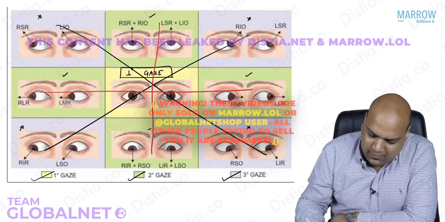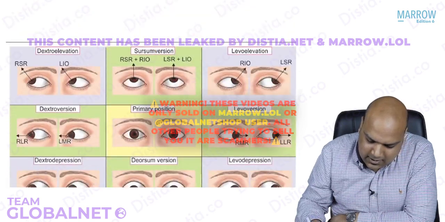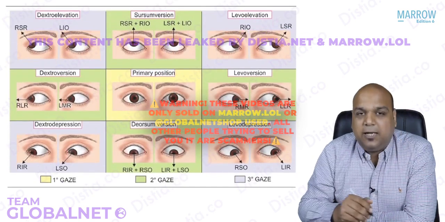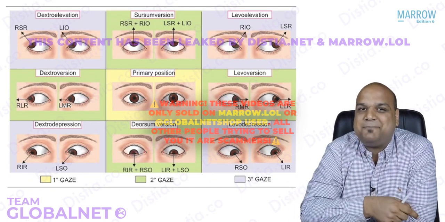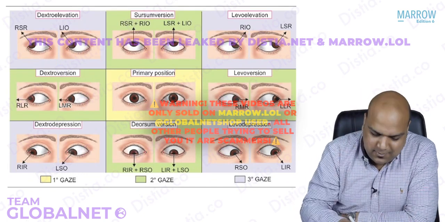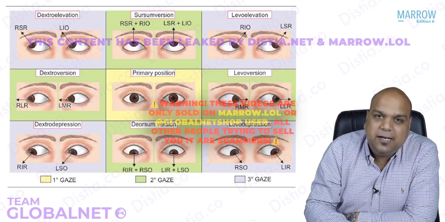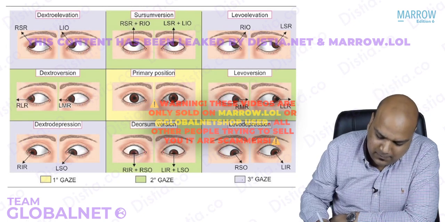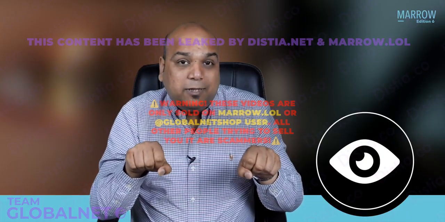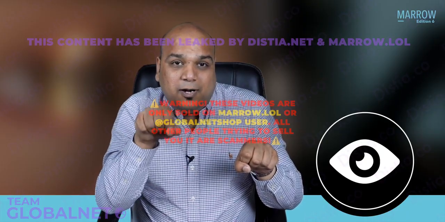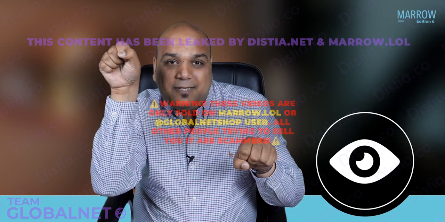Am I clear? Now, if I re-show you this diagram, this can be a diagram which tells you all the directions of gaze, all the directions, the names, and the muscles responsible, the yoke muscles responsible. So for example, everybody, if I see dextro elevation is purple color. That means a tertiary gaze. Dextro elevation means both eyes going up and to the right. So right going up and abduction.